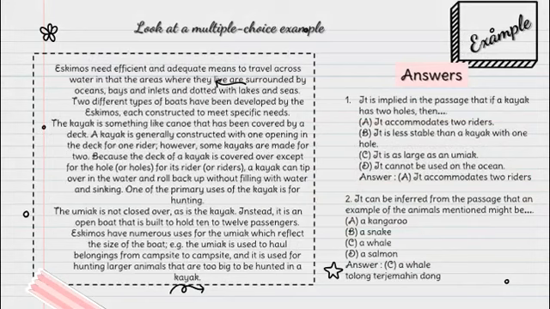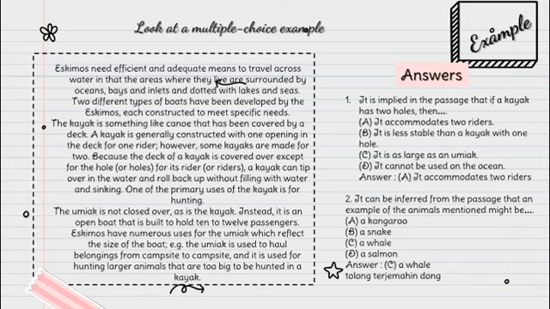Example, look at a multiple-choice example. Eskimos need efficient and adequate means to travel across water, and the areas where they live are surrounded by oceans, bays, and inlets and dotted with lakes and seas. Two different types of boats have been developed by the Eskimos, each constructed to meet specific needs.